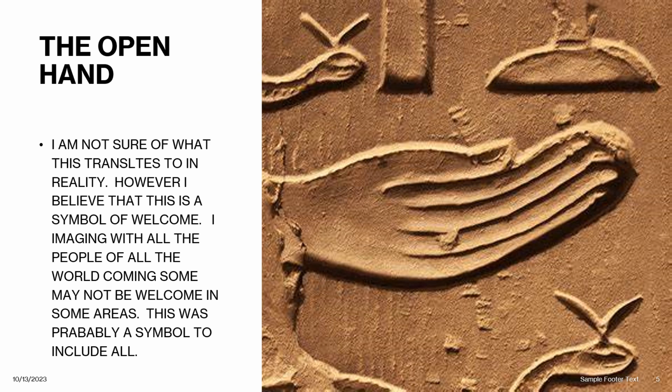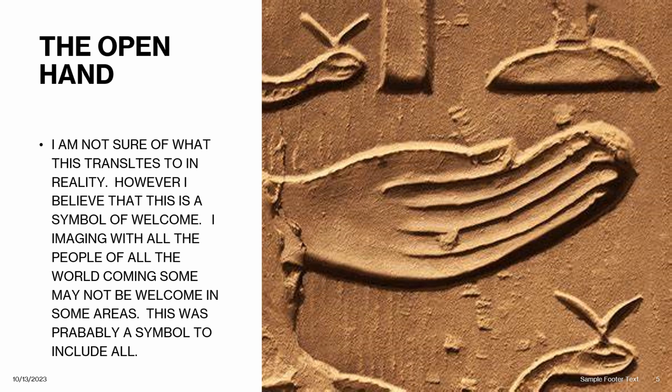However, I believe that this is a symbol, an open hand. I imagine that this is a symbol of welcome. I imagine that all of the people of all the world coming to this one spot, visiting, trying to find work, trying to find a way of life, and some people not being allowed in some areas. And this symbol will let you know that all are welcome.